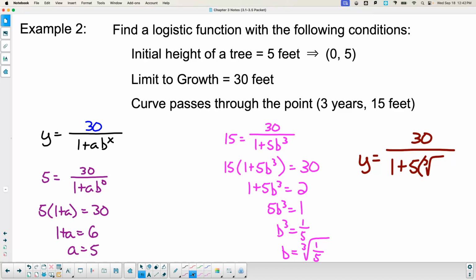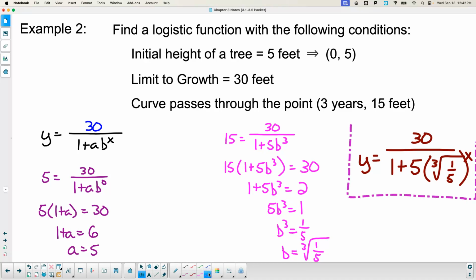Oops, that's a bad 3. Doesn't even look like a 3. We'll just start over from the 5. To the x power. Agree with that? Love it. Okay?